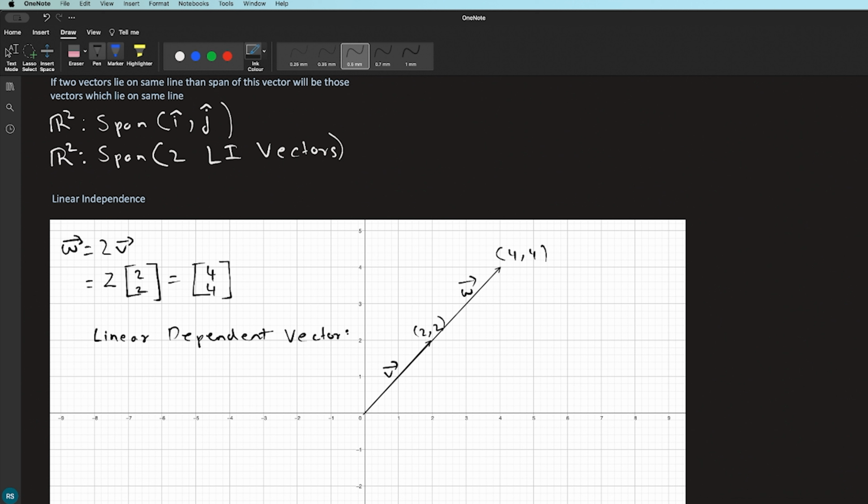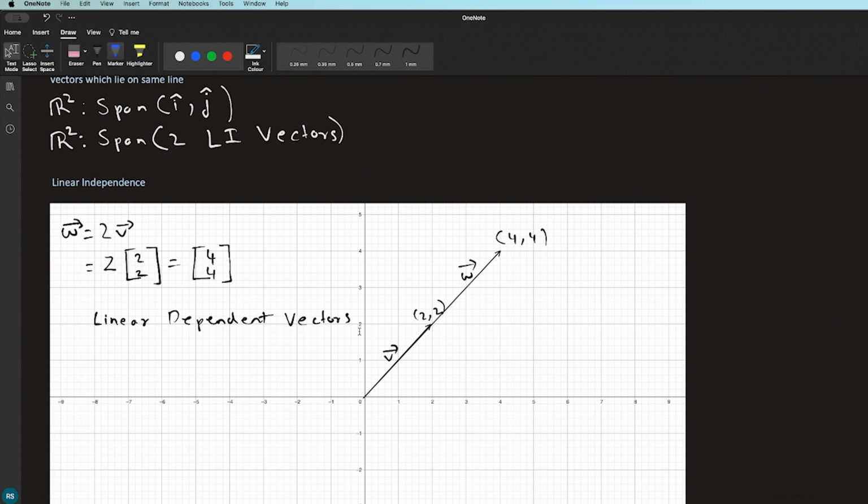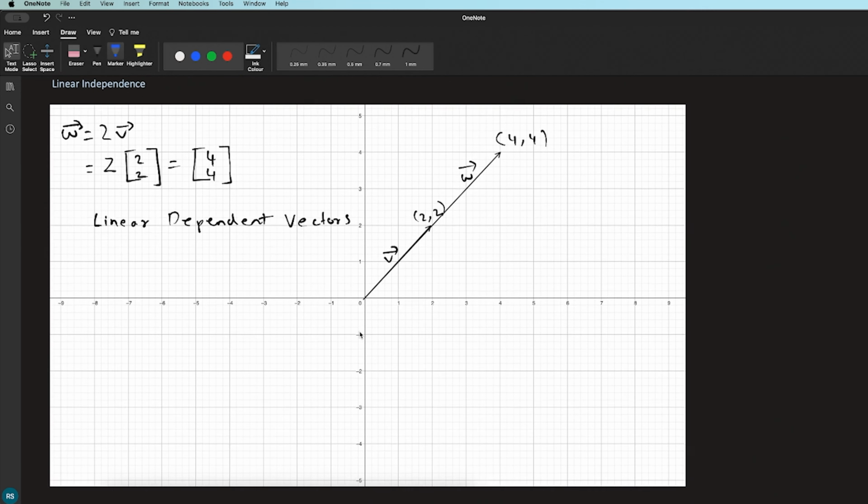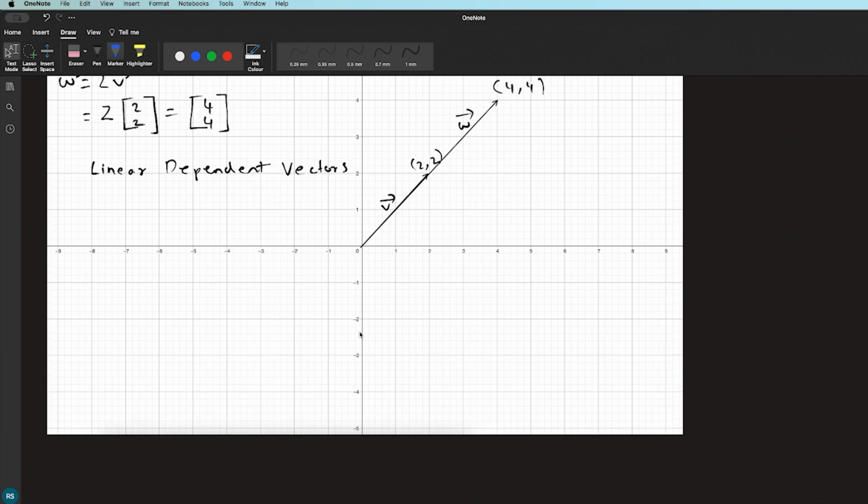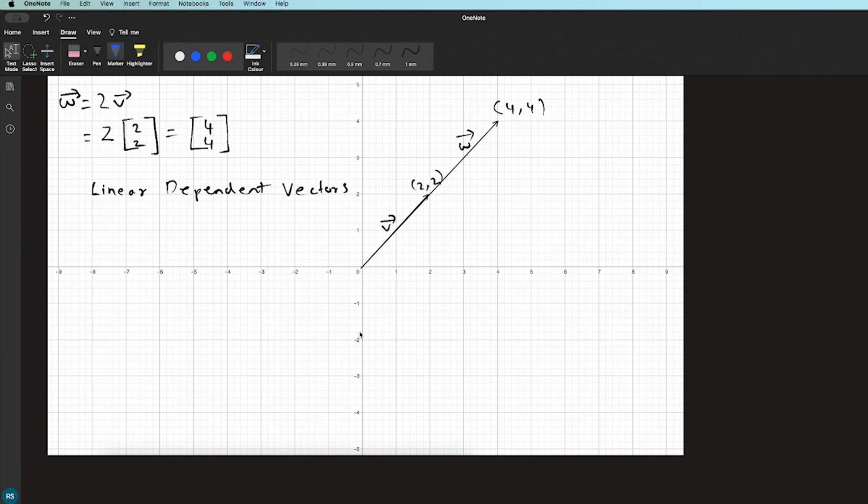For linear independence, if any two vectors are not scaled versions of each other, we can say they are linearly independent vectors. We have tried to understand this visually, but we need to prove it mathematically. So now we are going to prove mathematically whether any two vectors are linearly dependent or independent.